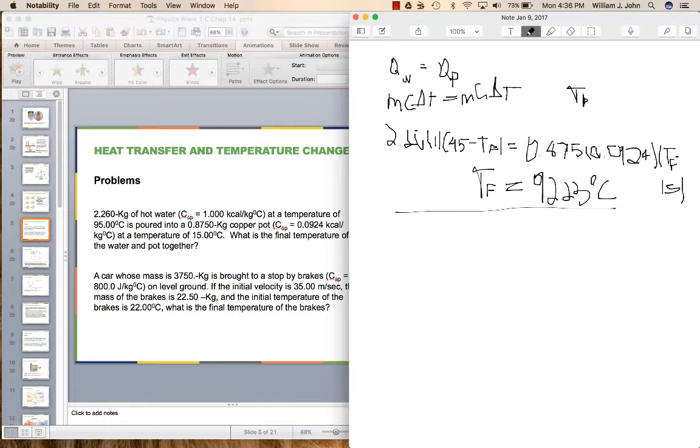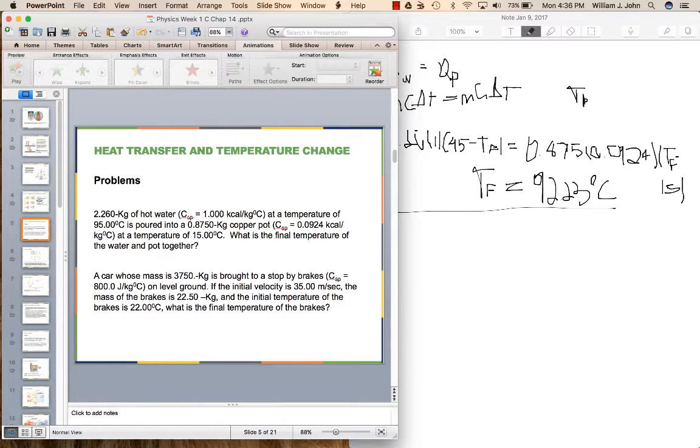And that's the assumption you have to make, and that the 22.5 kilos is the total weight for the brakes. The other thing is the average velocity. This is basically an even slowdown, so the average velocity here is going to be 1/2 of 35, or 17.5.